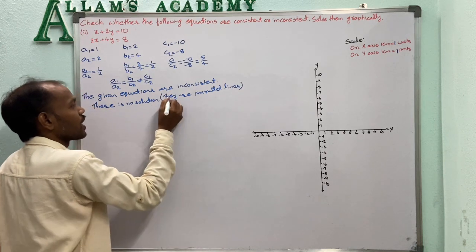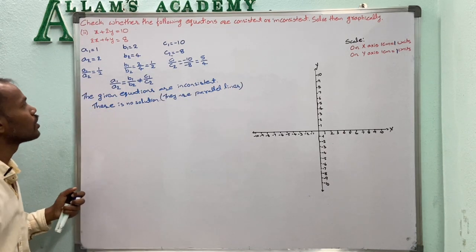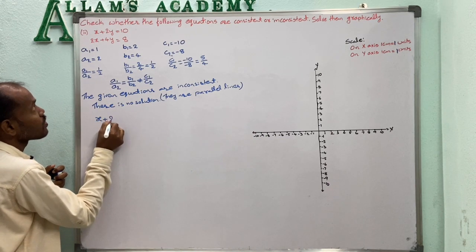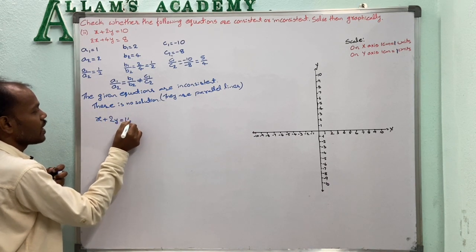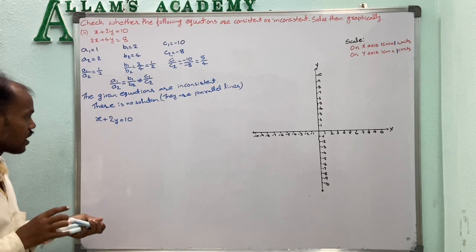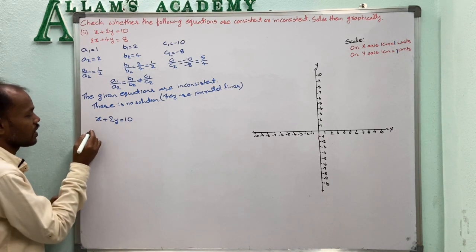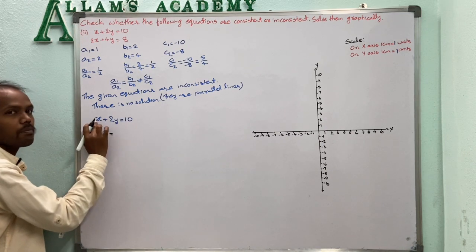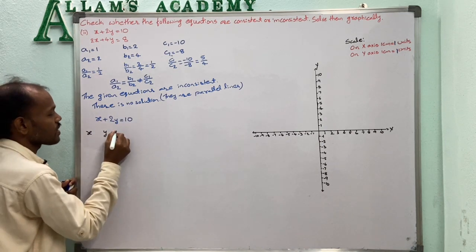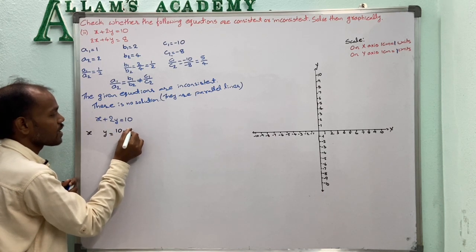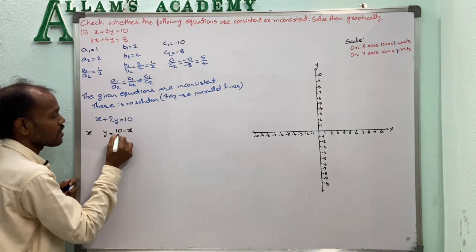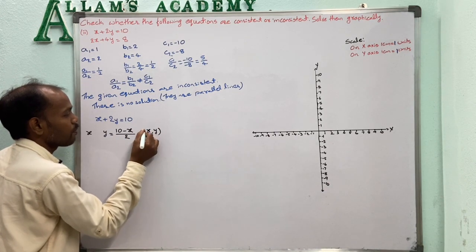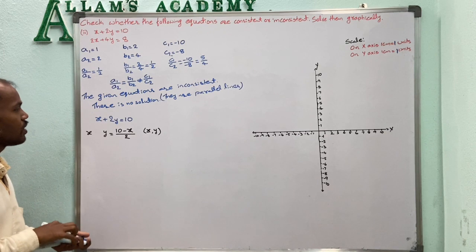Now graphically we observe. The first equation is x plus 2y equal to 10. For different x values we get different y values. So y equal to, transferring x to that side, 10 minus x, and the multiplication transfers to the other side as division, 10 minus x by 2.